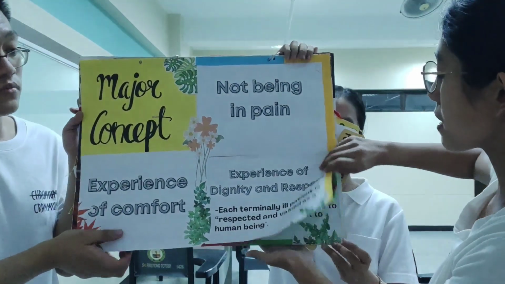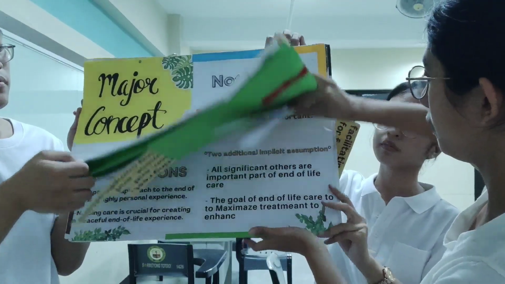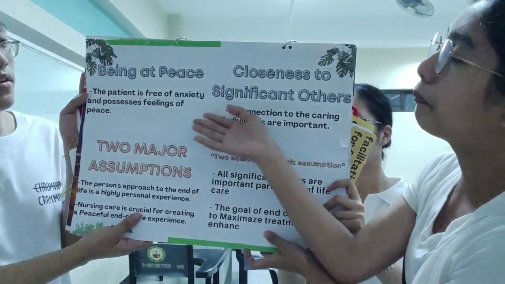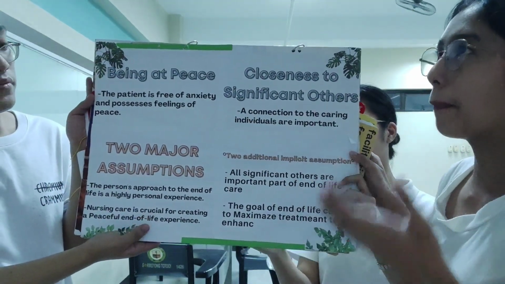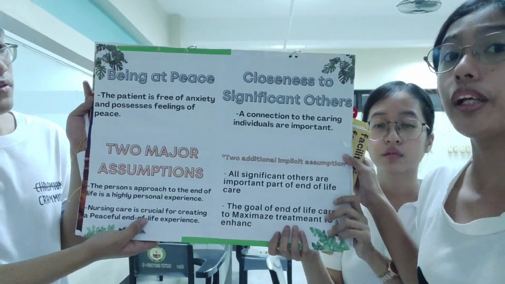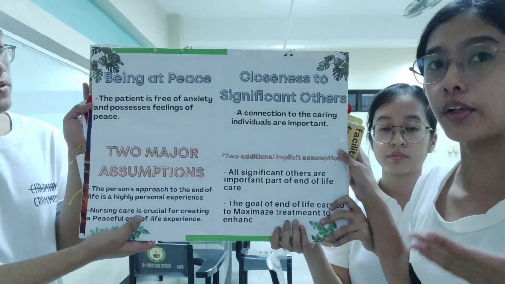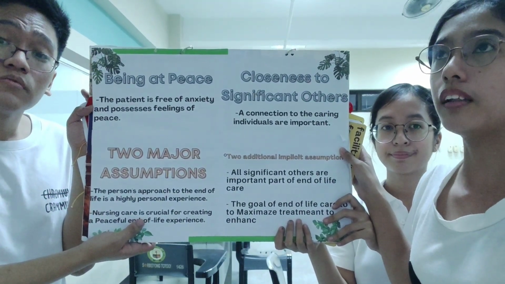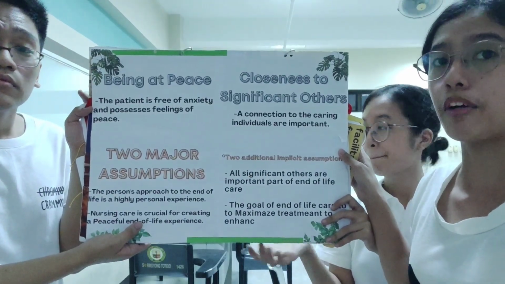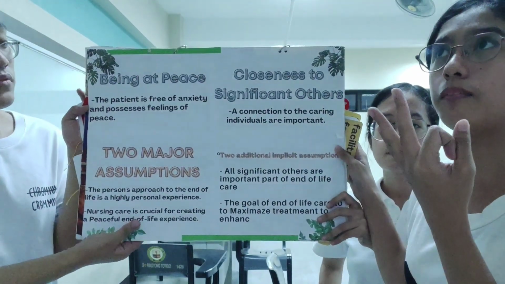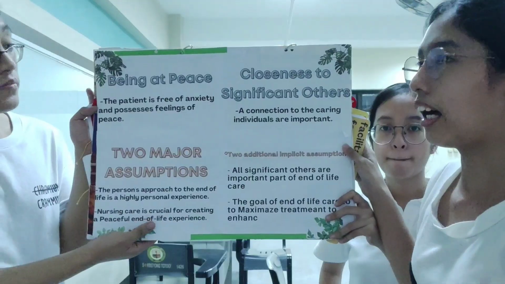The next one is being at peace. Peace, according to Rutland and Moore, is the feeling of calmness and contentment, free from any form of anxiety, fear, restlessness, etcetera.